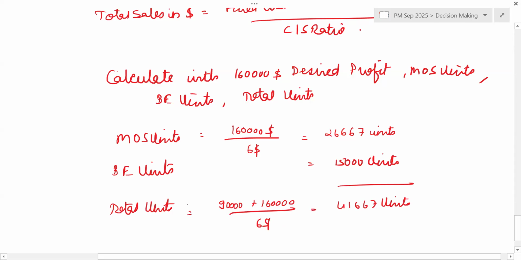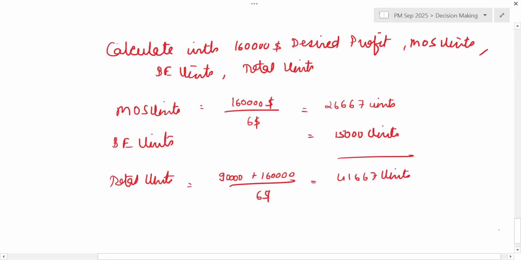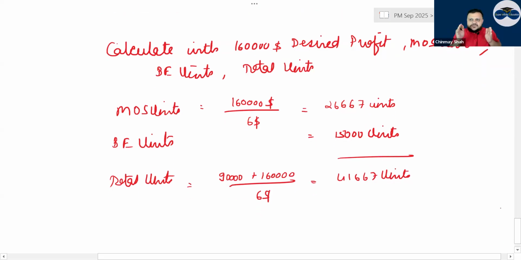What does this 41,667 units denote? That at 41,667 units, you will get a profit of how much?